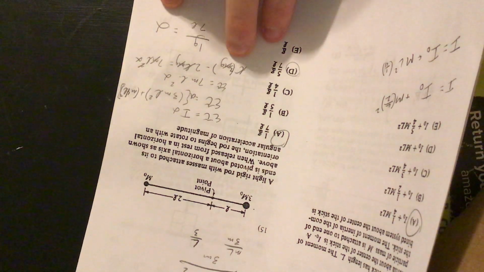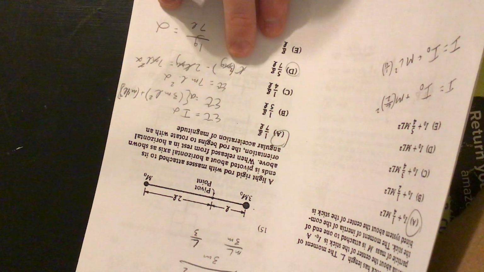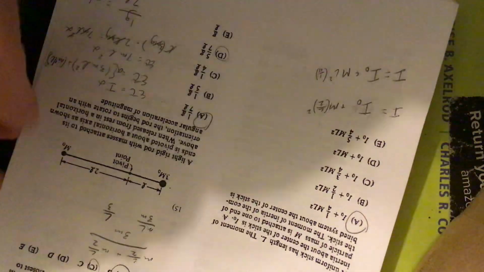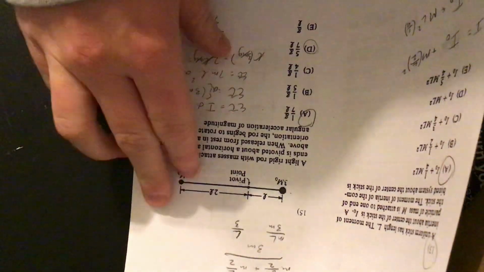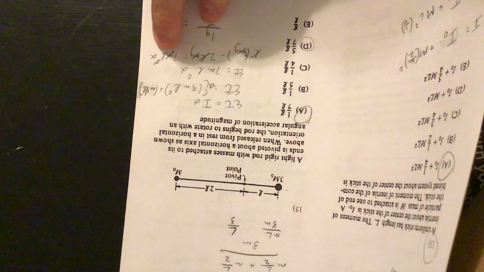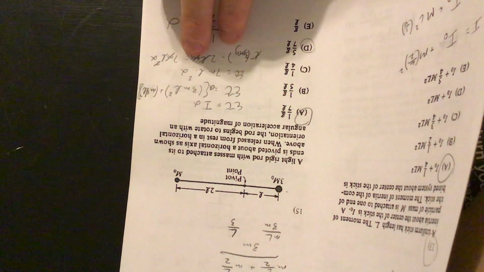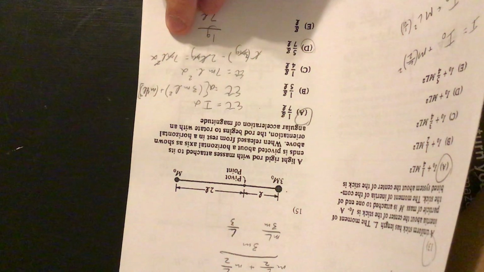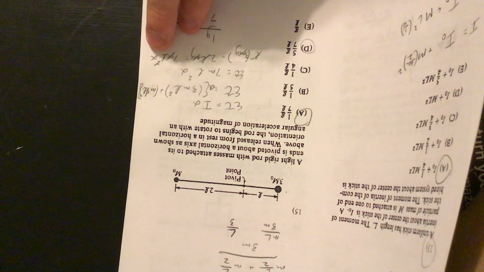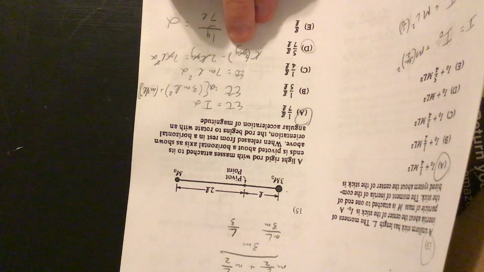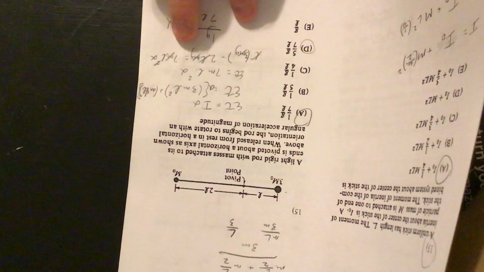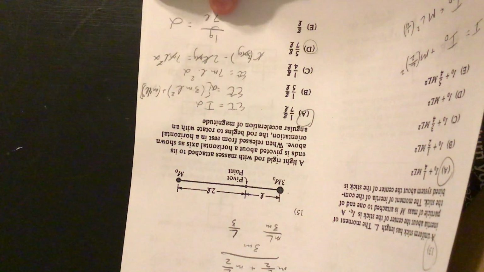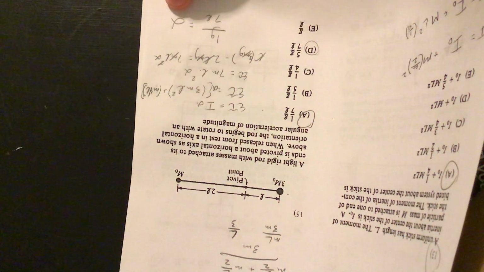So T equals L 3mg minus 2 LMG, and that equals 7 ml squared alpha. So the L's and M's cancel, leaving 3G minus 2G, so 1G, divided by 7L equals the angular acceleration.